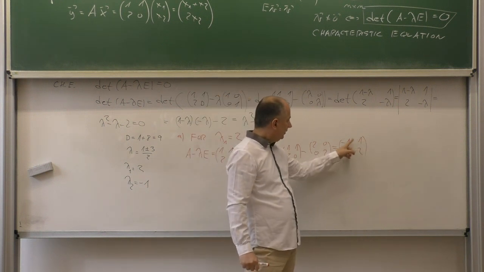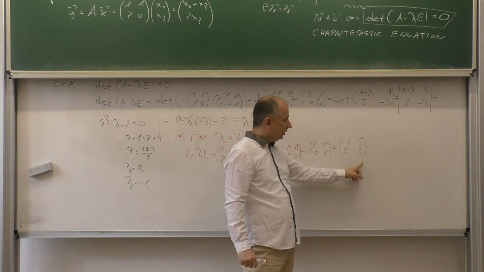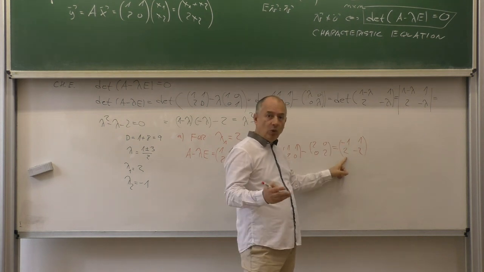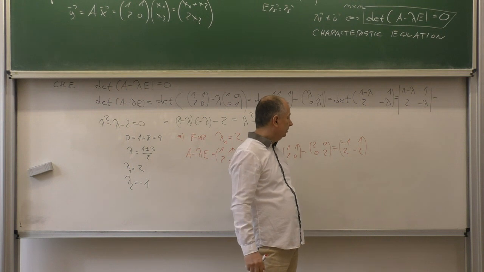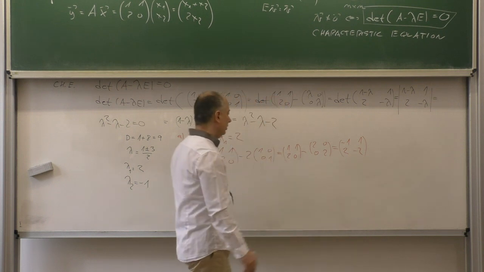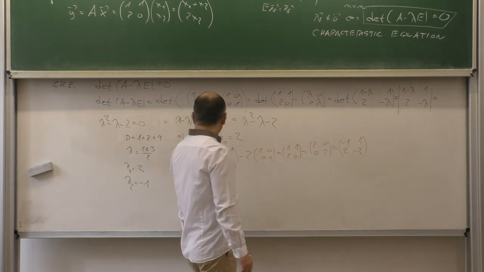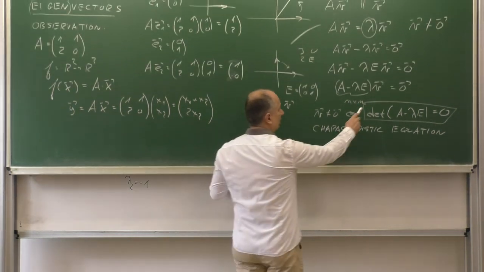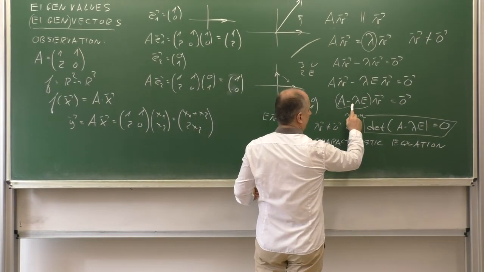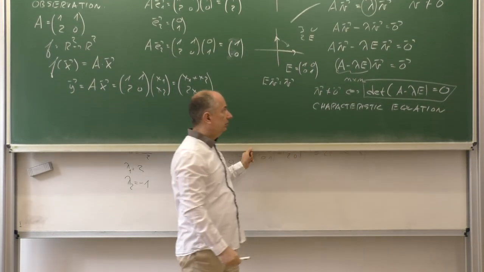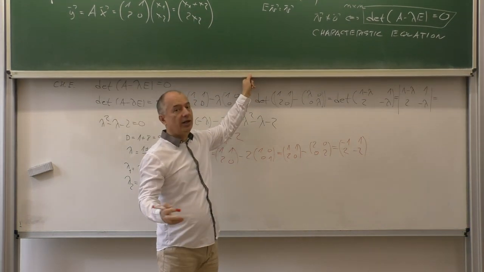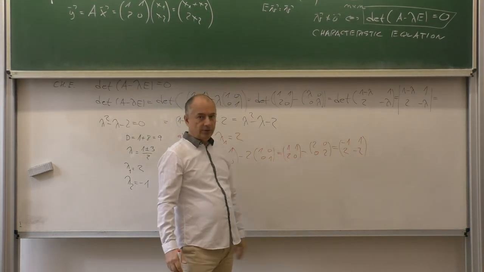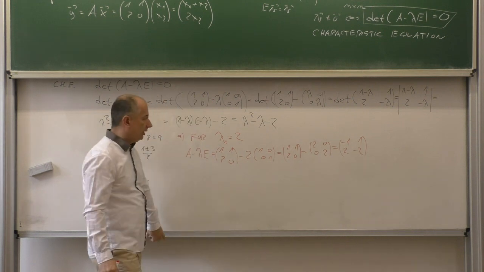If we consider the second column, then the first column is minus 1 times the second column. So it was good. Yes, so we can continue. And we want to find vectors that, when multiplied by this matrix, give 0. In more scientific words, we want to find the kernel of this matrix, or the null space of this matrix.